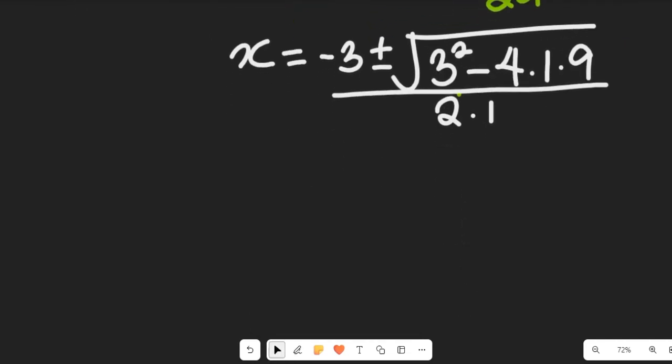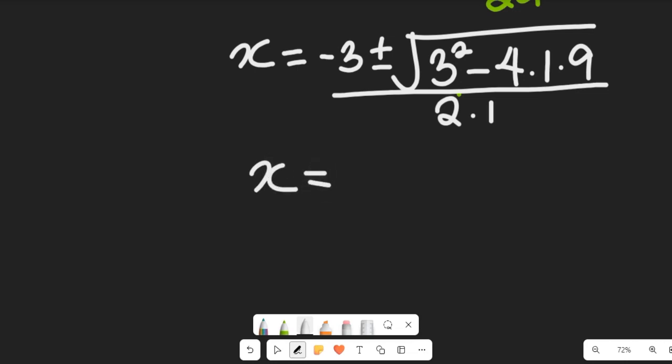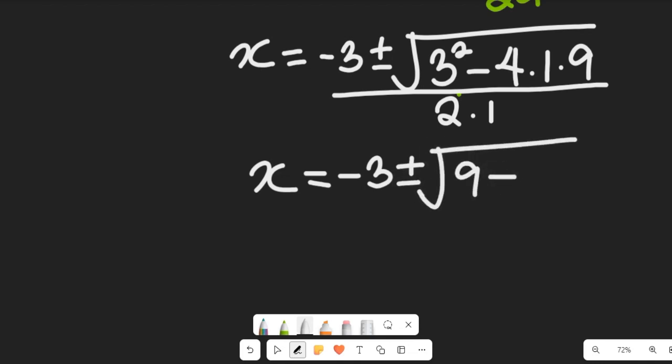So the value of our x will now be equal to negative 3 plus or minus the square root of 3 squared is going to give us 9 minus 4 times 9, is going to give us 4 times 2 is 18, and that will give us 36, right? And all this will be divided by 2.